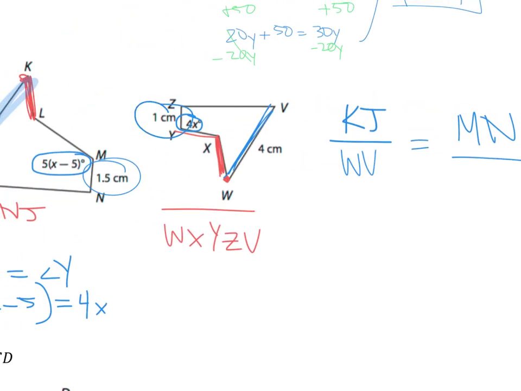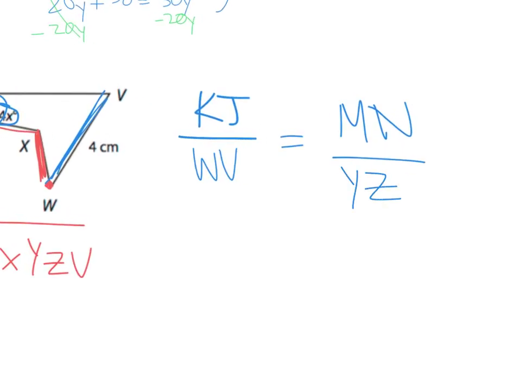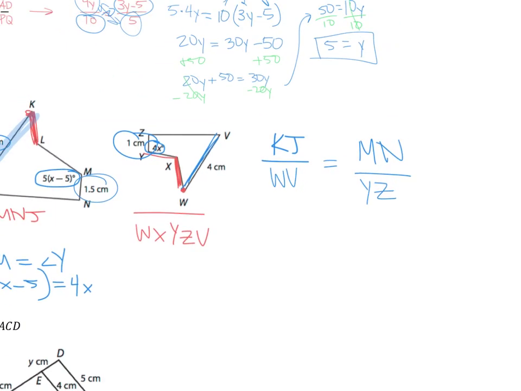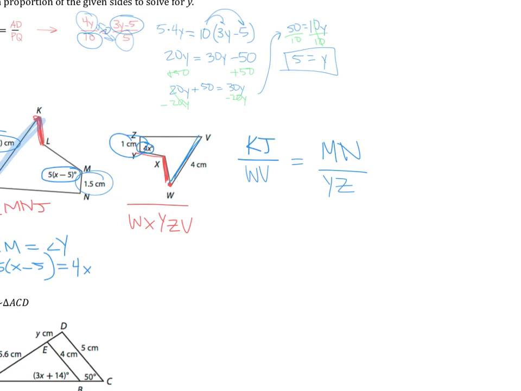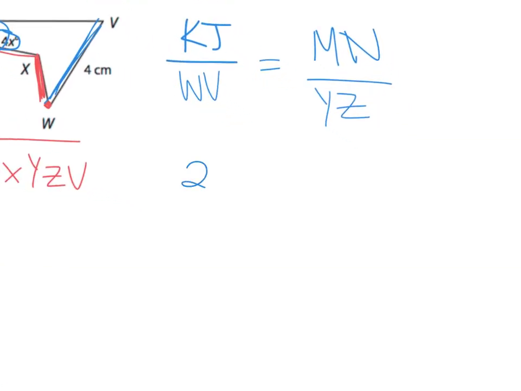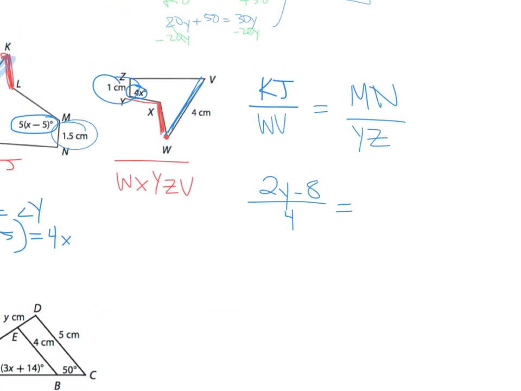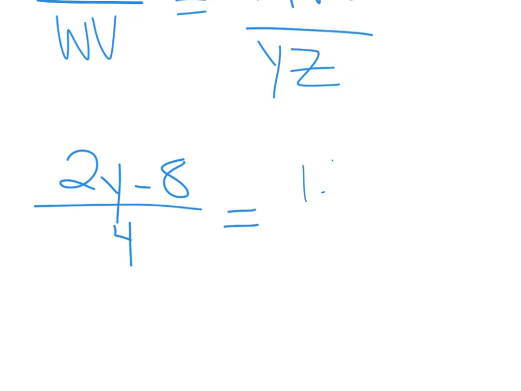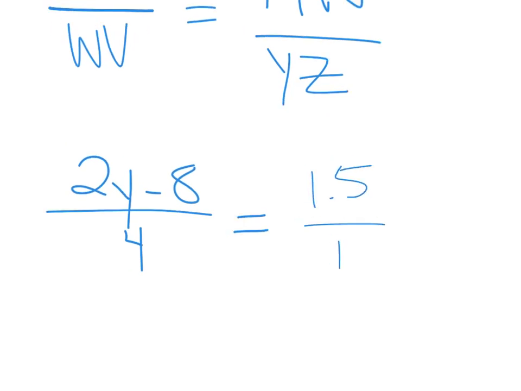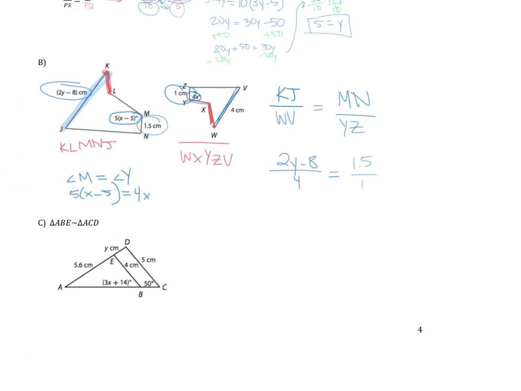And MN corresponds with YZ. So if we substitute in our values there, we would have 2y minus 8 over 4 equals 1.5 over 1. And again, I'll let you solve that one from there and figure out what x and y is.